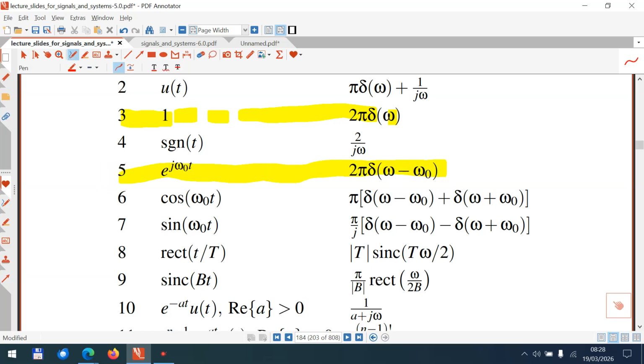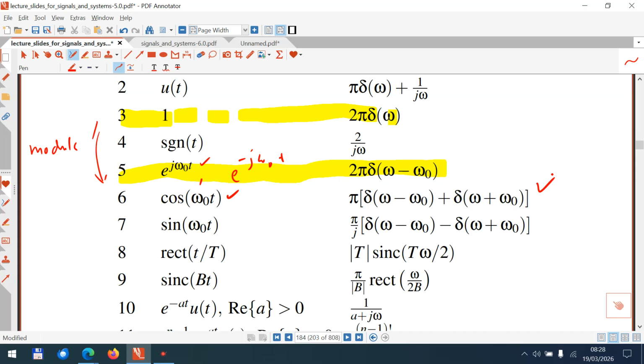I just multiply this. So if I apply modulation, I get this property and get this shift. And I can then combine this with its time reversed version, and then add and divide by 2, and then I can get this one: cosine and sine.